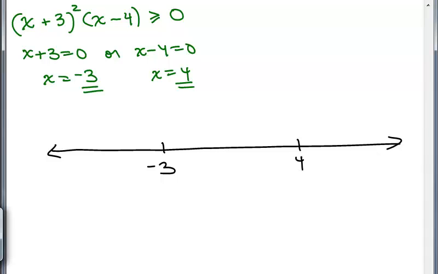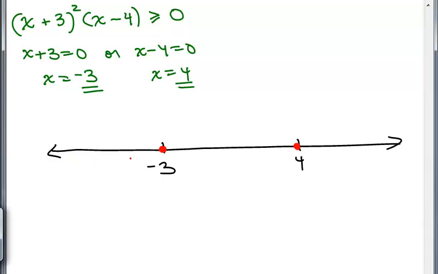And we know that those are solutions because of the equal sign under here. In other words, when you plug in -3 into this original inequality, you'll get 0 squared, which is 0, times something, is certainly greater than or equal to 0 because it's equal to 0. So -3 will be a solution, and 4 will also be a solution.